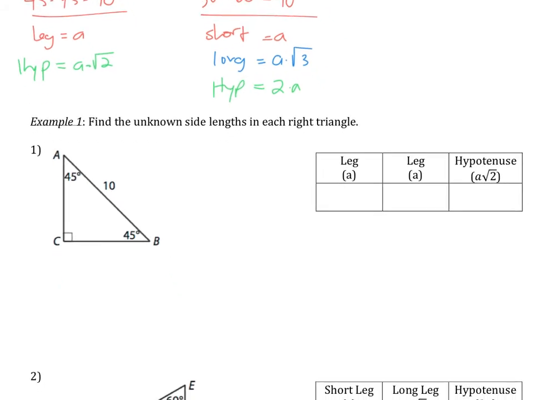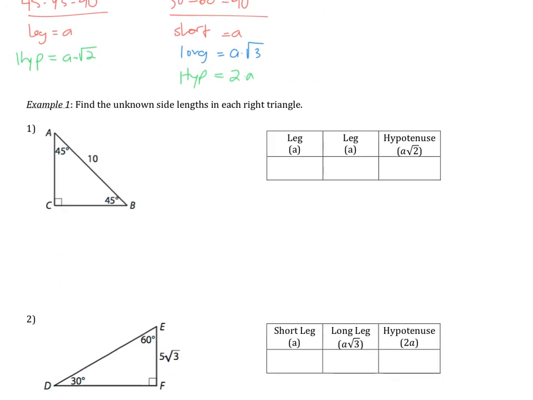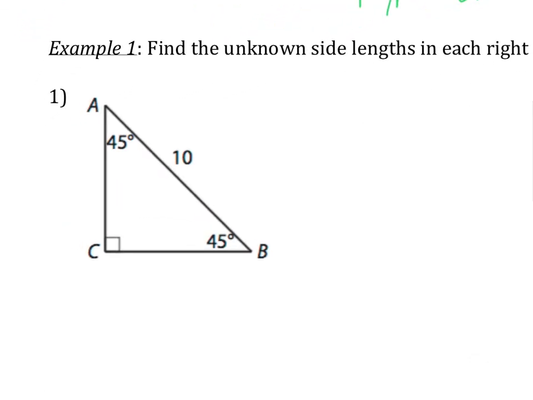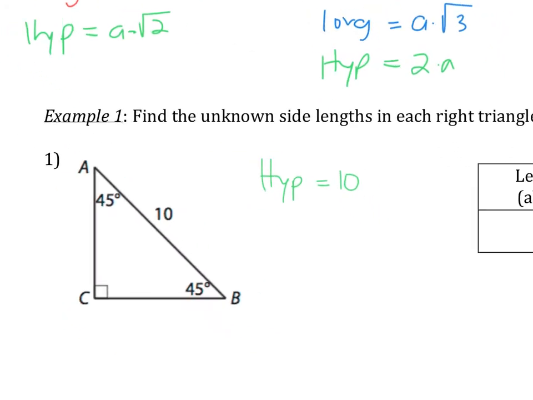So example 1, find the unknown side lengths in each right triangle. As you see in the diagram, we have a 45, 45, 90 triangle. From there, it tells us our hypotenuse is 10. If you remember up above, our hypotenuse was A times the square root of 2.